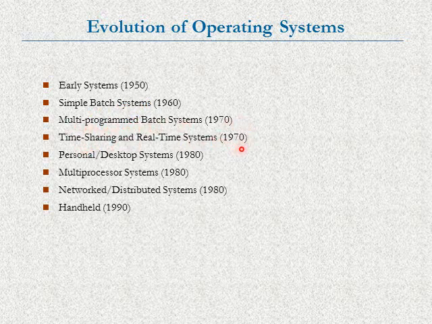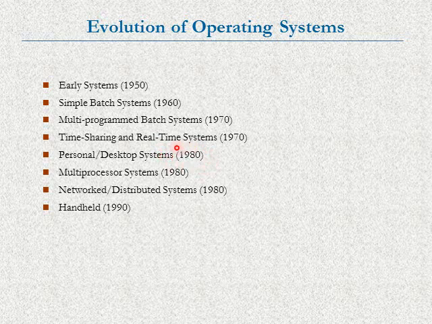Moving to the 1970s, when we had a bit of industrialization, and computers started being used in industries, we were required to have operating systems that can work with time sharing and real-time systems.